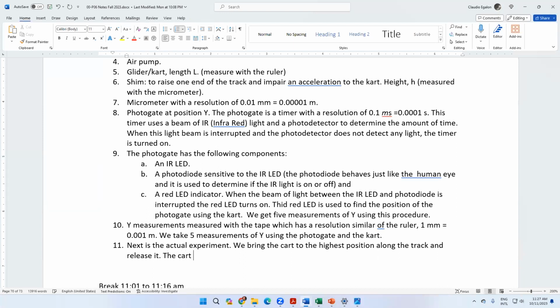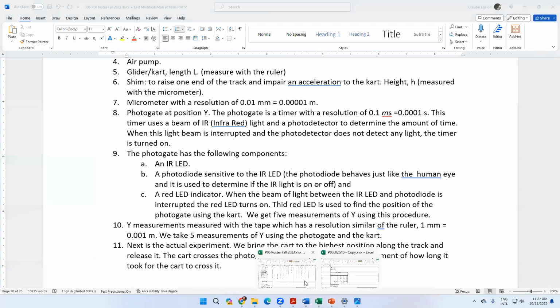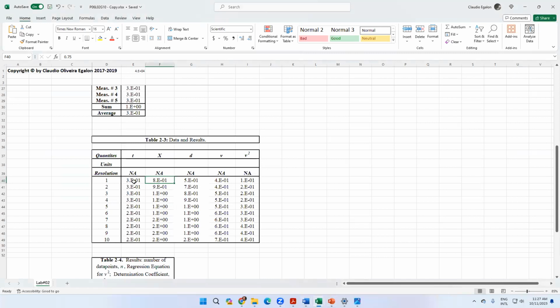The cart crosses the photo gate, which produces a time measurement of how long it took for the cart to cross it. So that's the actual experiment. Here's the time it takes for the cart to cross the photo gate, 0.3266 seconds.